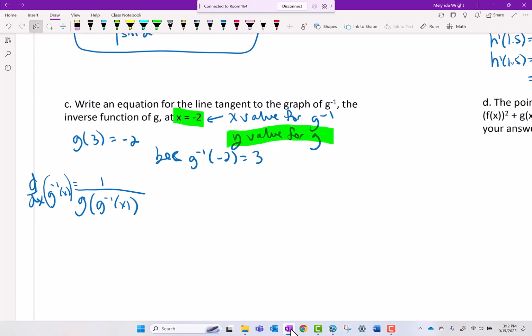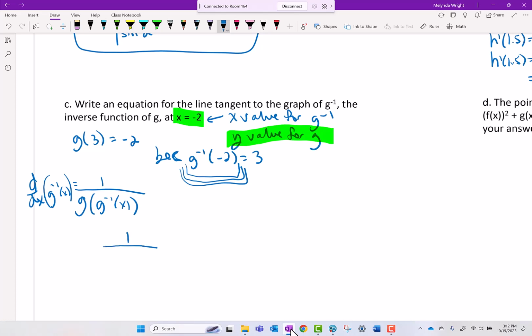See this right here? g inverse of x. What is g inverse of x? It's 3, right?